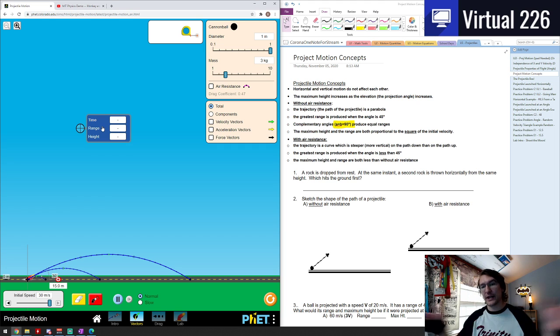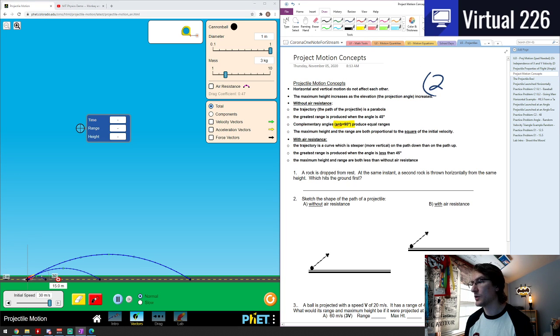And that's because our ranges and our max heights, they're not doubled as we increase the velocity. They are squared with the increase of velocity. So if you take your velocity and you say, hey, I've just doubled it, well, 2 times that velocity squared is 4. And if you've tripled it, 3 squared is 9.